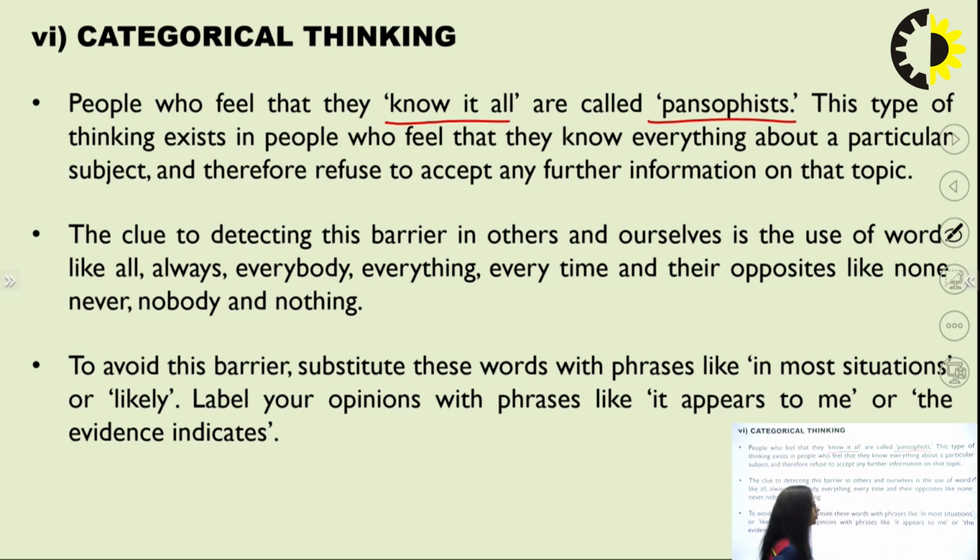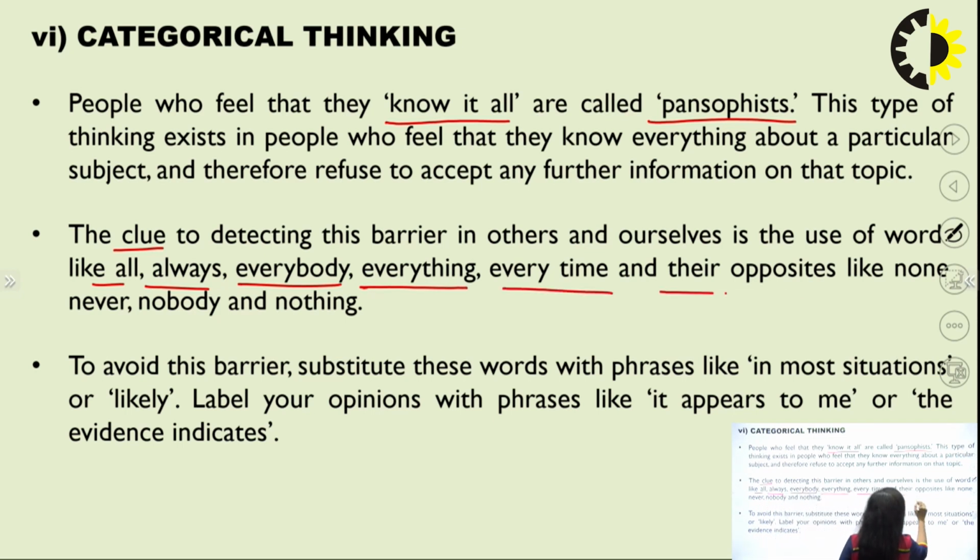So the clue to detect this barrier in others and ourselves is the use of words like all, always, everybody, everything, every time, and even their opposites like none, never, nobody, and nothing.